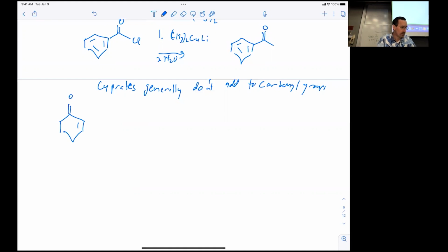I believe I started with that as an example with the lithium acetylide reaction. And this is an exemplar of a broad class of compounds called alpha beta unsaturated carbonyl compounds.